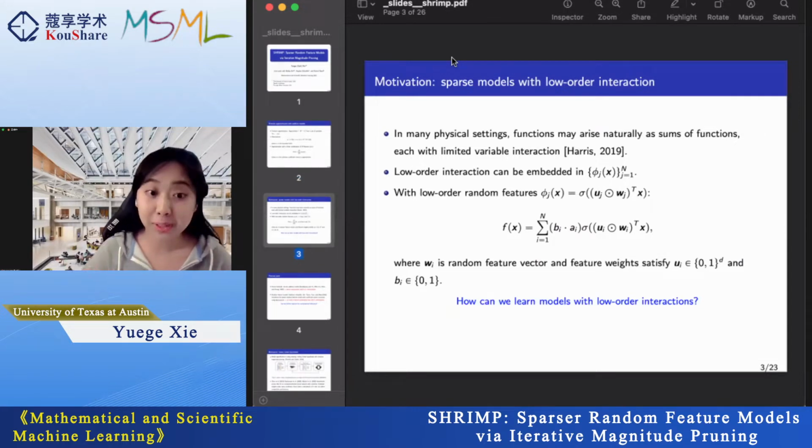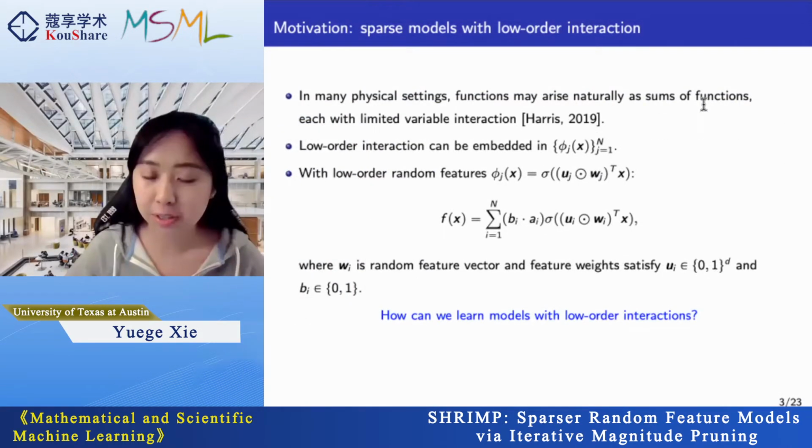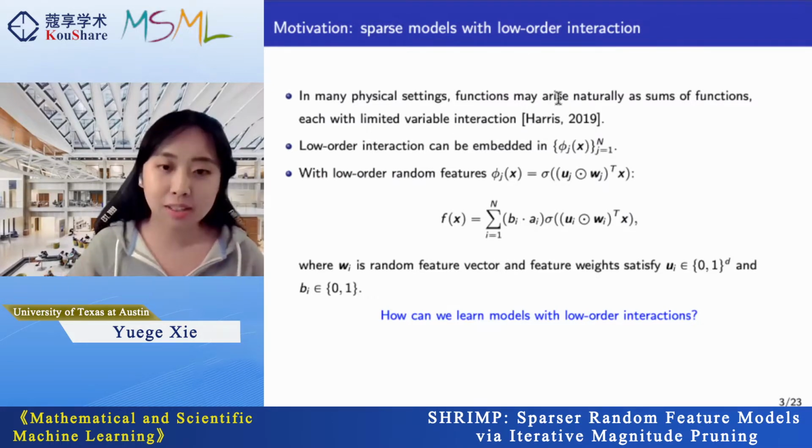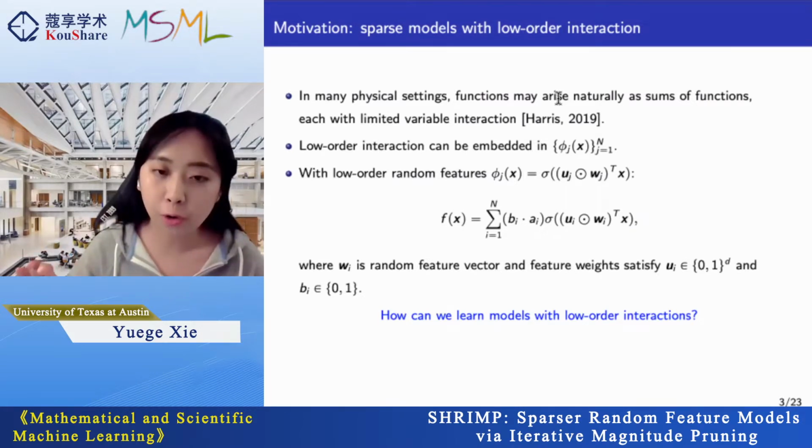Furthermore, we observe that in many physical settings, many functions arise naturally as sums of functions, as we mentioned, additive functions, each with limited variable interaction. That means if our input data x is high dimensional, only a few coordinates of x interact with each other.